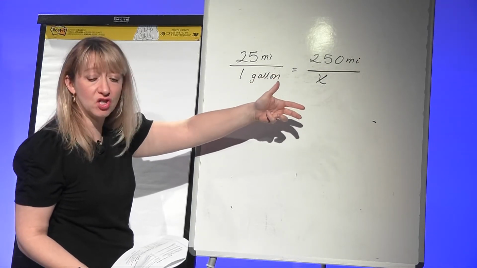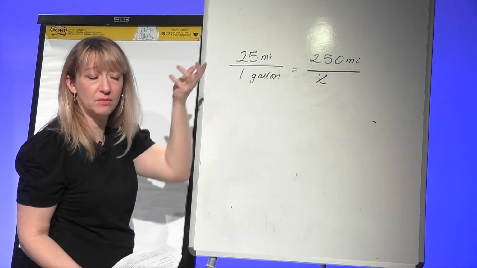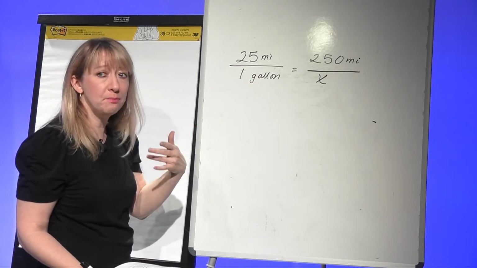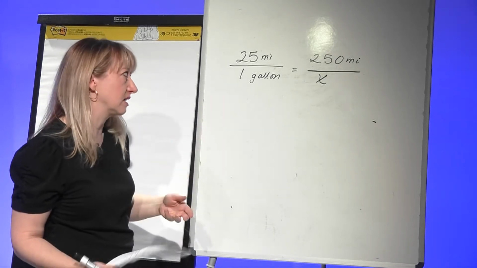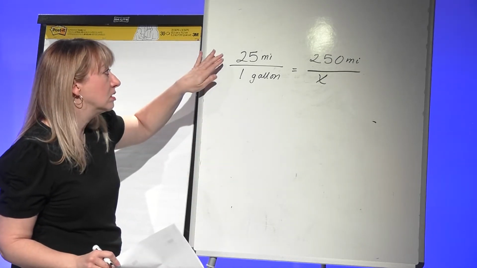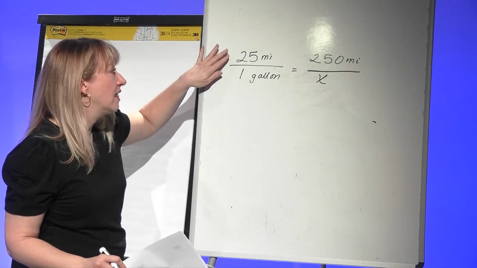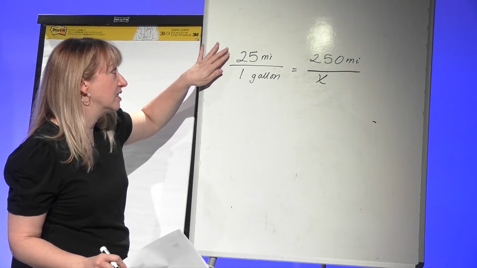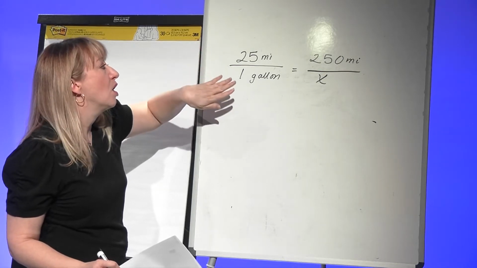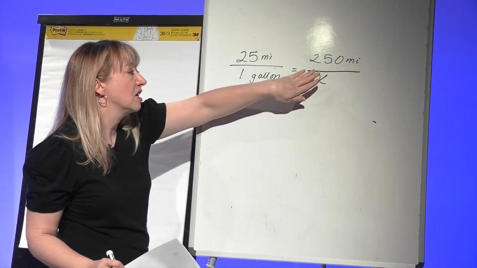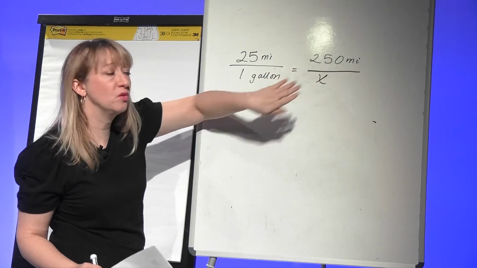A variable is just a letter that represents a missing number. So you could use m or n, a, b, it doesn't matter. Usually you'll see x used. We're going to put up what we're given. We know that for 1 gallon, they can drive 25 miles. But we want to know how many gallons that person will need to drive 250 miles.